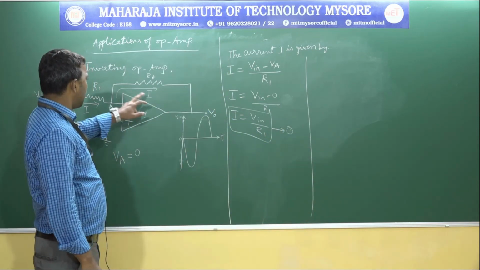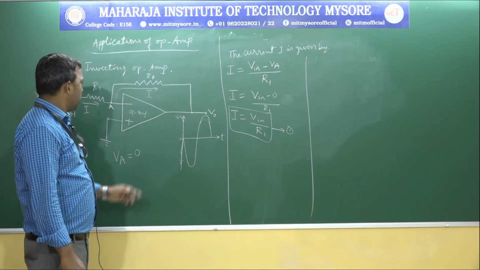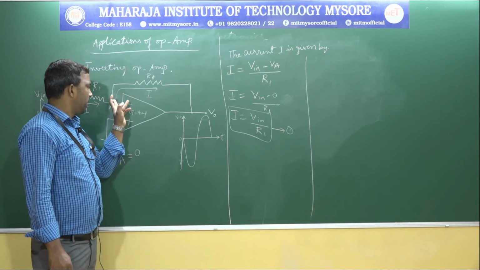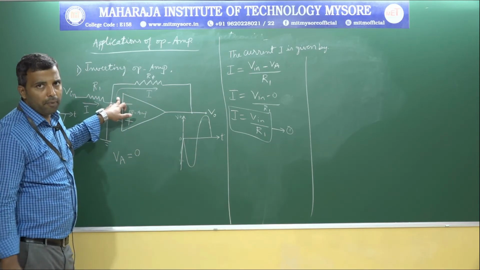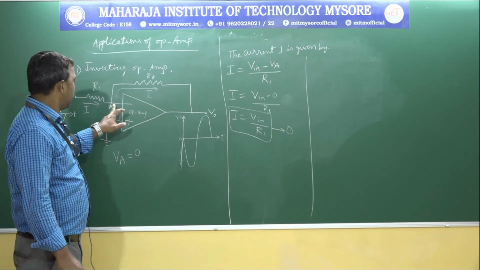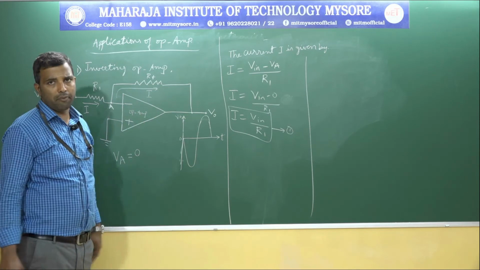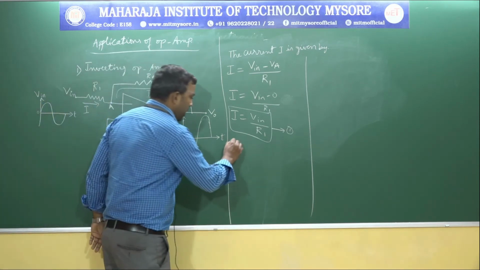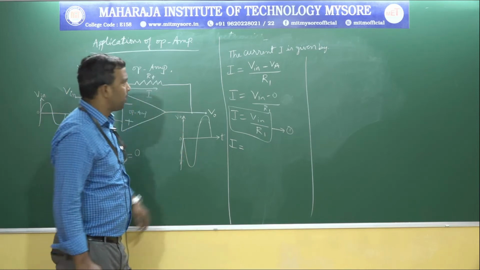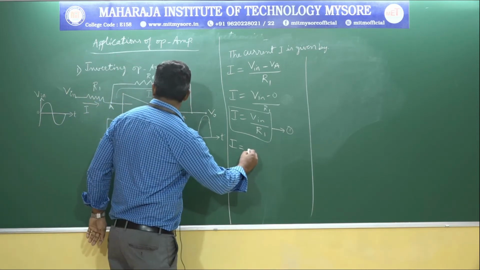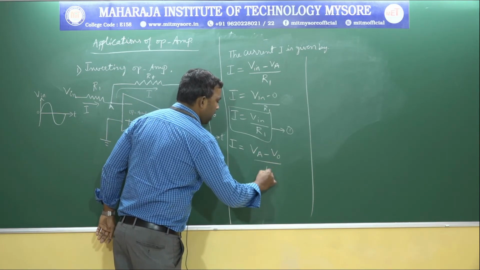Similarly, the current I also flows through the RF. Therefore, the current direction is from A to the output side. Therefore, we can write the expression for I as VA minus VO divided by RF. So, from the current through RF, I is given by VA minus VO by RF.